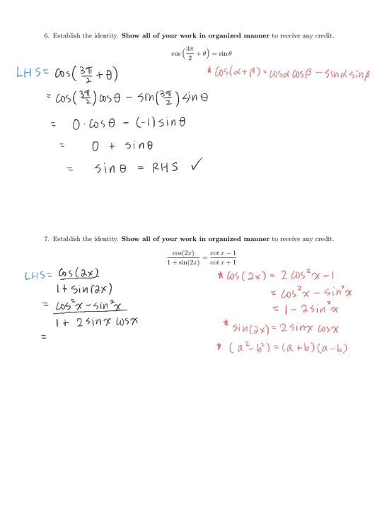So our a is going to be the cosine, b is going to be the sine. So I could factor it as cosine of x plus the sine of x times cosine of x minus the sine of x, whole thing over 1 plus 2 sine of x cosine of x.